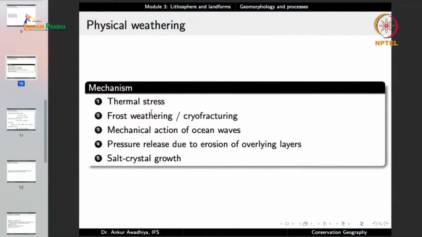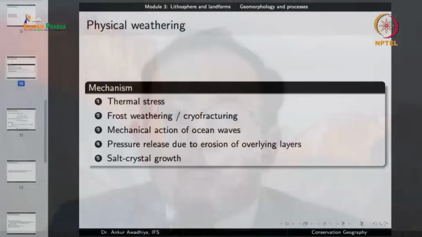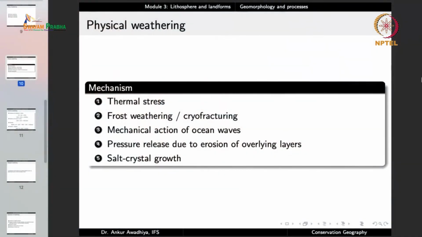So we can have things like thermal stresses. Now we have observed thermal stresses before in the case of a rock that is getting heated up in the daytime and it gets cooled in the night time. When there is heating, there will be expansion. When there is cooling, there will be contraction. And a regular expansion and contraction will lead to a disintegration of the rock. So this is physical weathering due to thermal stresses.